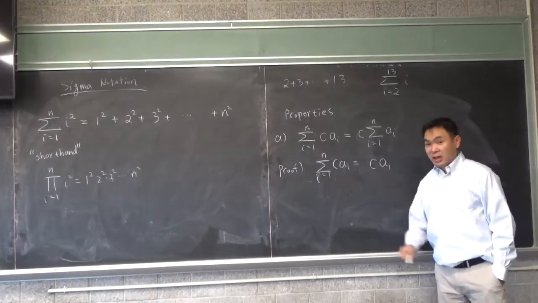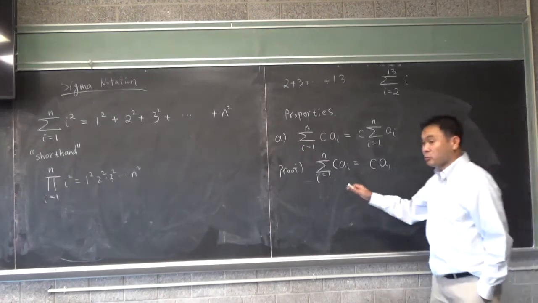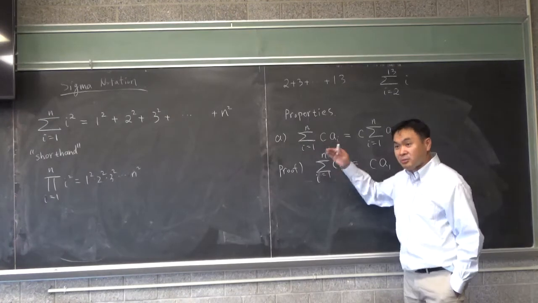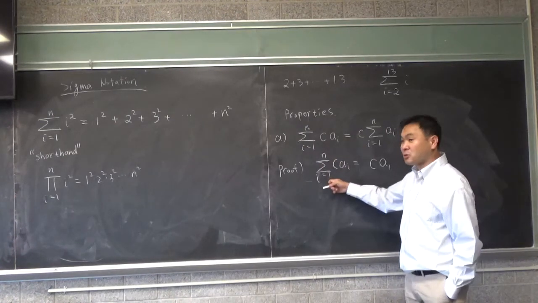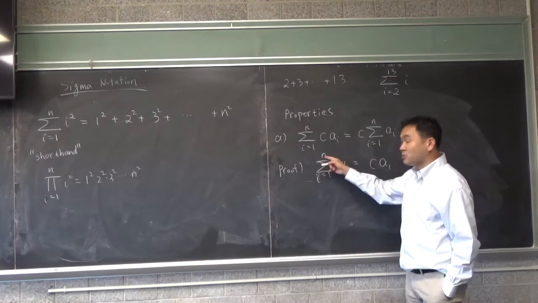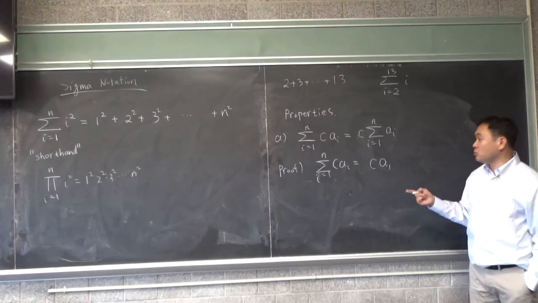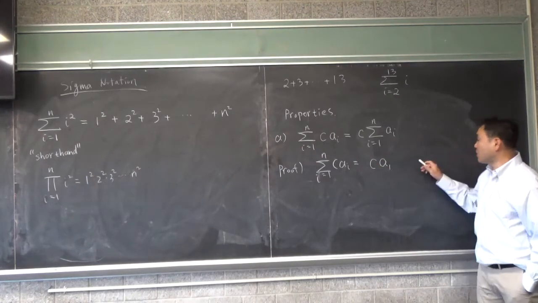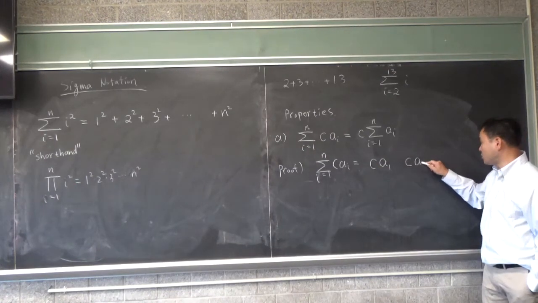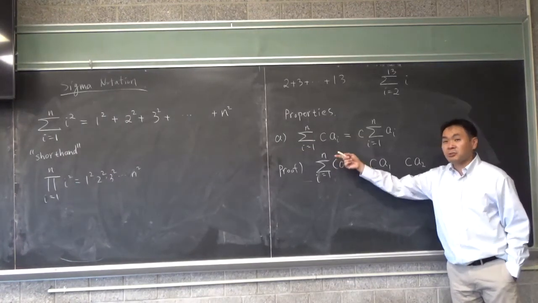Then what does I become? 2. Remember, your I starts from 1, and whatever this number is, starts from this number and keeps adding by 1, right, until it reaches the top number, okay? So the next number is I equals 2. 2 goes in here, producing what? C, A_2. Right? And then you keep increasing I until you get to the end.